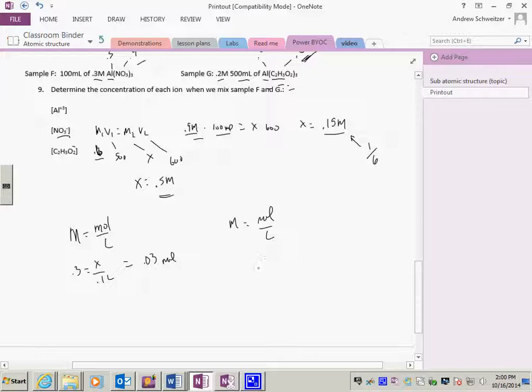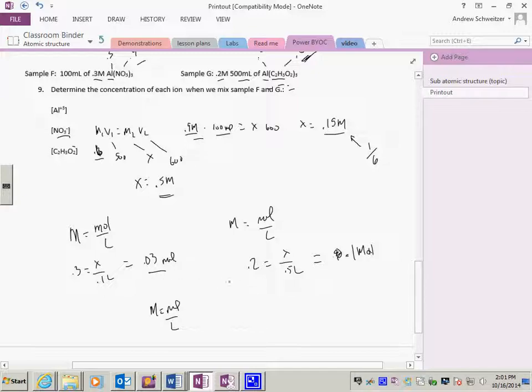And then this one is going to be 0.2 equals X moles over 0.5 liters. So half of that is X equals 0.1 moles. Actually moles, not moles per liter. So now, in my new solution, when I mix them together, molarity equals moles per liter.